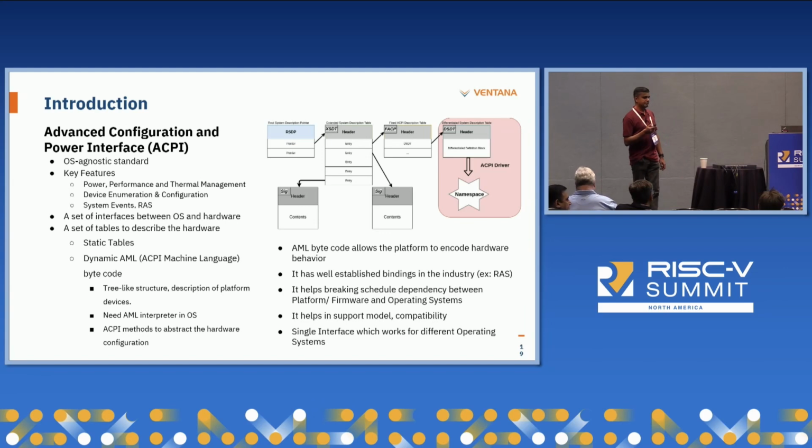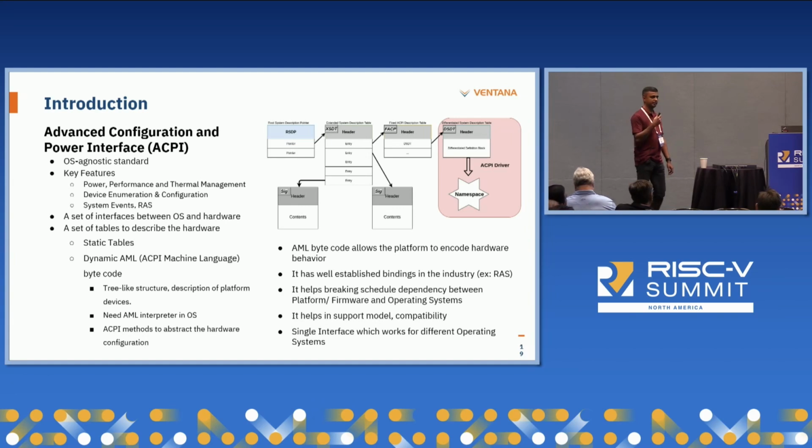So why is it important for server class? The AML bytecode allows the platform to encode the behavior. You don't have to change the operating system. It has well-established bindings, especially for RAS across CPU architectures. So the operating system behaves in the same way for different architectures.